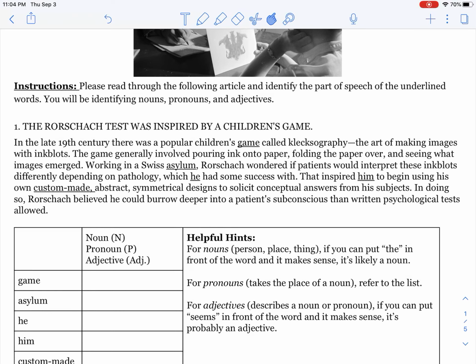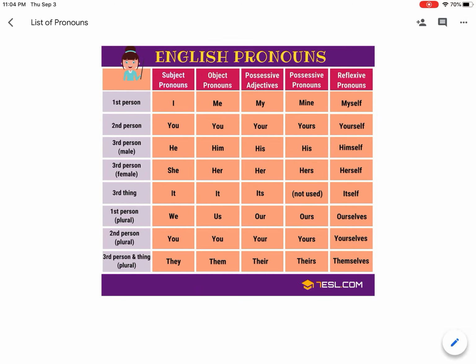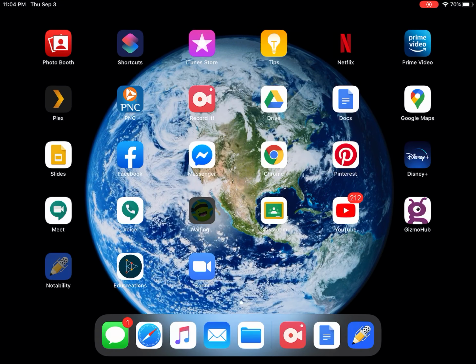So let's take a look down below. The helpful hints are right there to the right. The word game that's underlined right there. A way to test a word to see if it's a noun is if you could put the in front of it. For pronouns, I have attached this list.